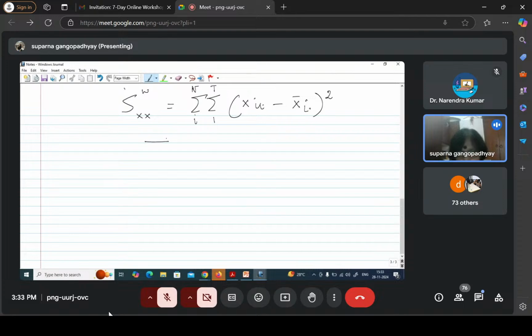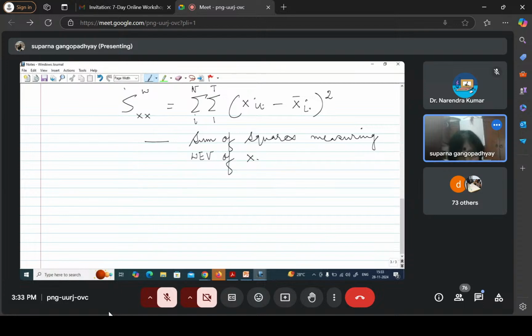So what is this? This is your sum of squares measuring within entity variation of a single variable x. Clear?